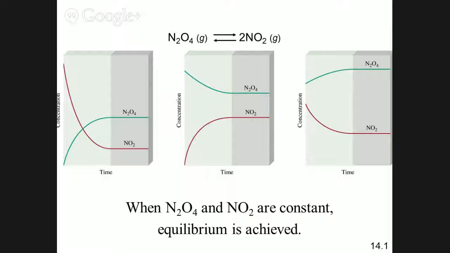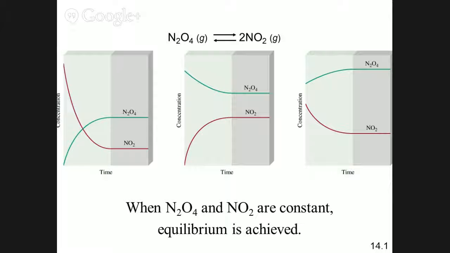So we're going to look at a couple of examples of our starting position so that you can see what we're talking about when we say that we're at equilibrium. In the first case on the left, we have a lot of NO2, and we don't have any N2O4, that's why it's down. Then the NO2 starts making N2O4.